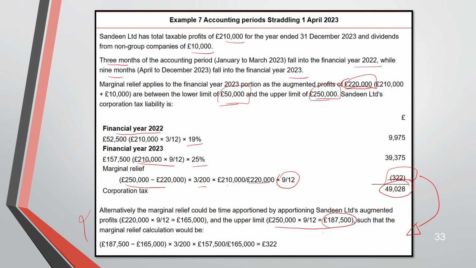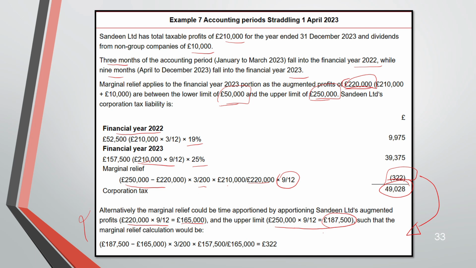Okay, because marginal relief will apply to the financial year 2023. It's there for the whole year, that 50,000. Now, alternatively, the marginal relief could be time apportioned by apportioning the augmented profit. So if you are taking 220, take the augmented profit 165.